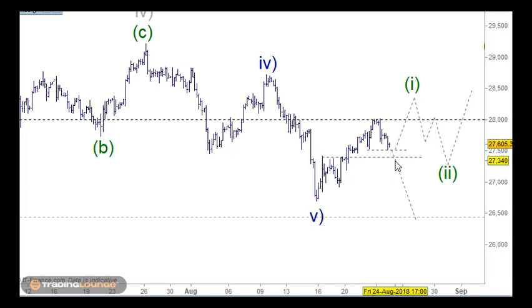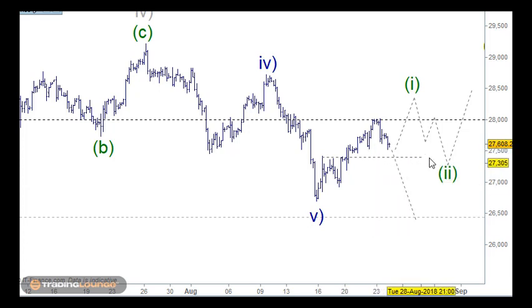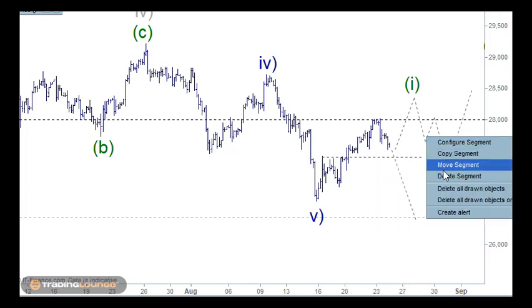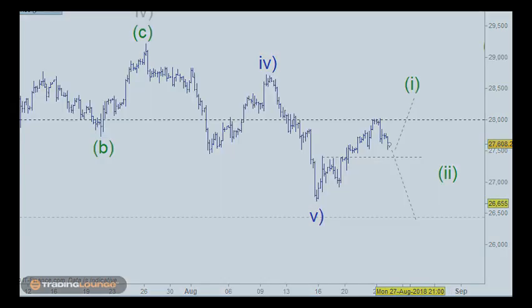But if this moved down through here and took out this here, we'd still want to wait for a little move back up. So down for 1, back for 2, and then we can short it coming down here further. So yeah, we'll just wait and see and allow that to play out first before we make a decision on all of that there.